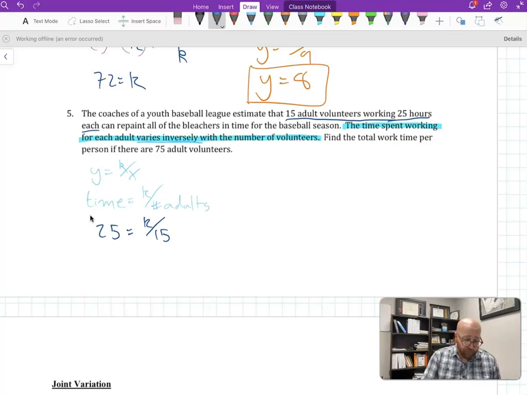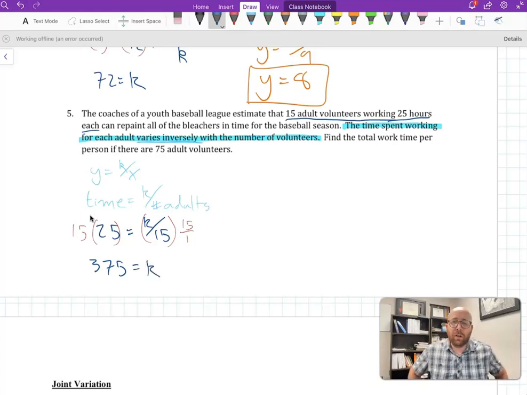Now, if we solve for k by multiplying both sides by 15, we get that 375 is equal to k. That is our constant of variation.